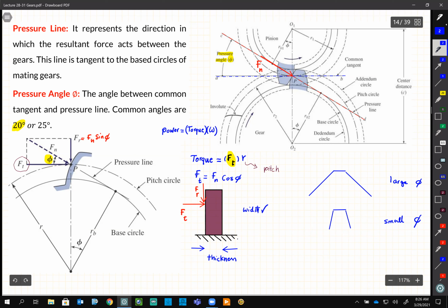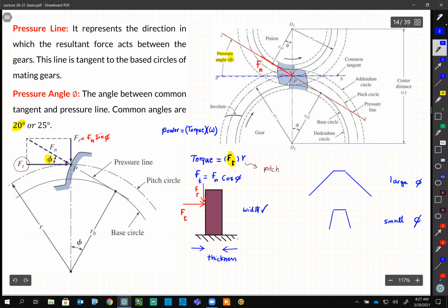So you are using a motor, so you know its power. You know how fast you want to run the gear, so you can find torque. If you know torque and you know the radius of your gear, you can easily find Ft, and you know your pressure angle, so you can find Fr as well.